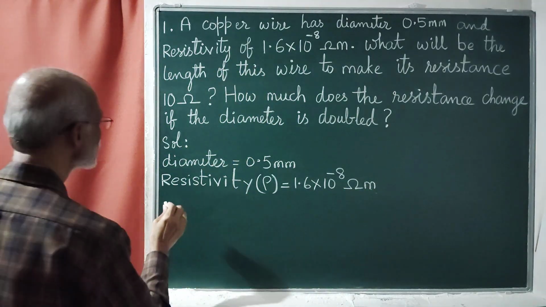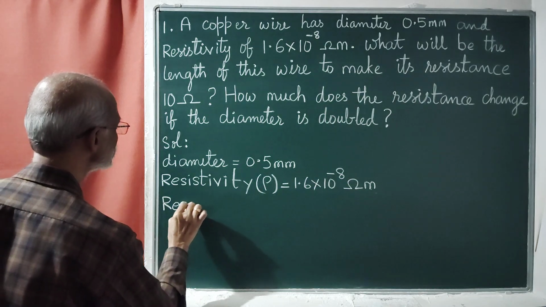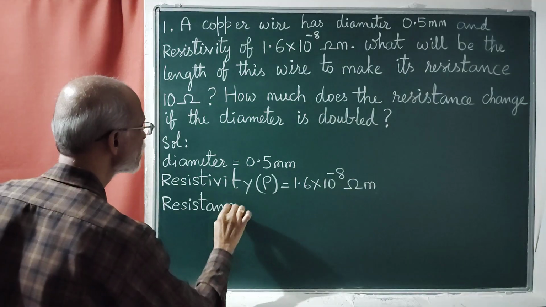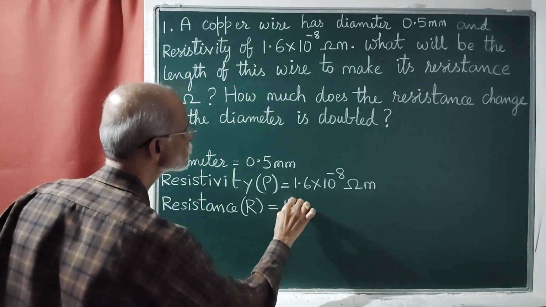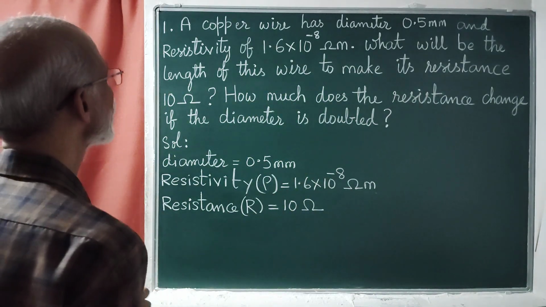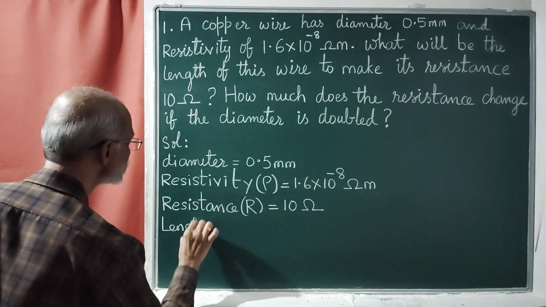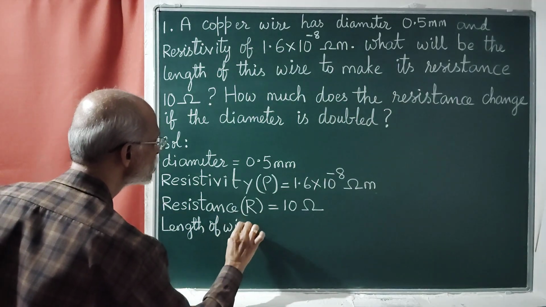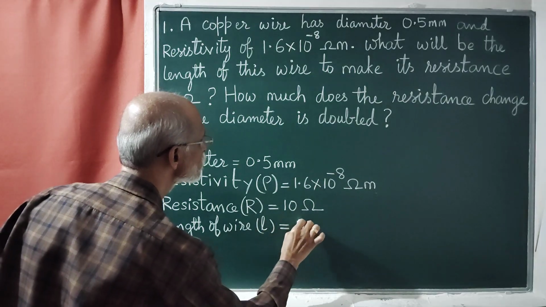Then they have given the required resistance, R, equal to 10 ohms. Now we have to find the length of the wire, L.